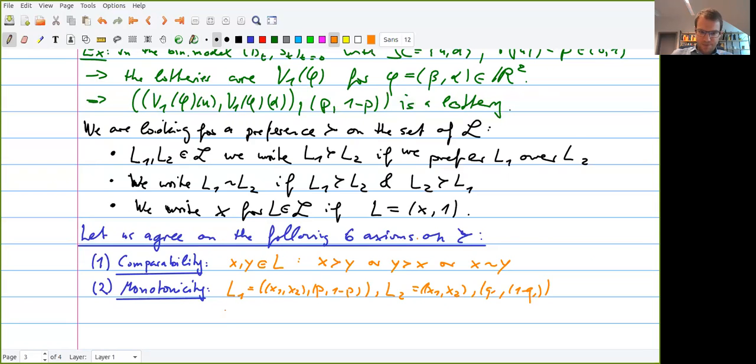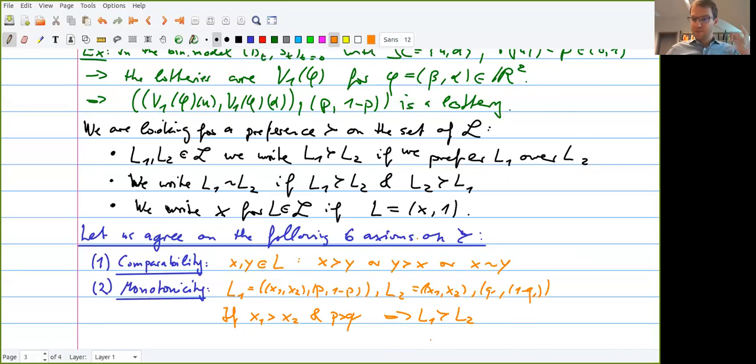And what I know now, if x1 is bigger than x2 and p is bigger than q, then I prefer the first lottery over the second, right? So if I get the higher payoff with a higher probability, I prefer it.